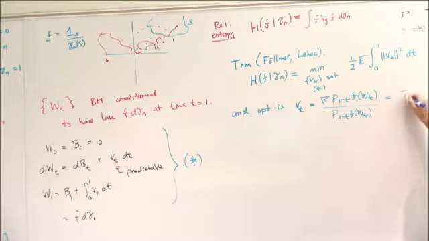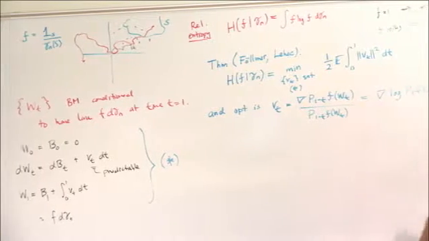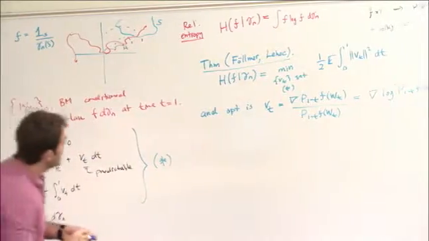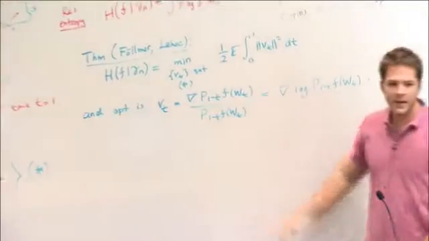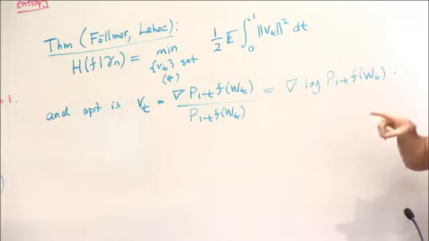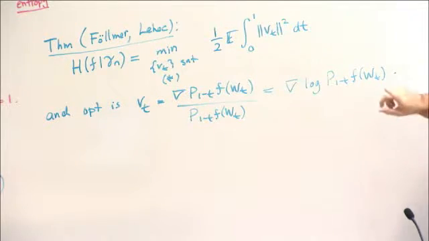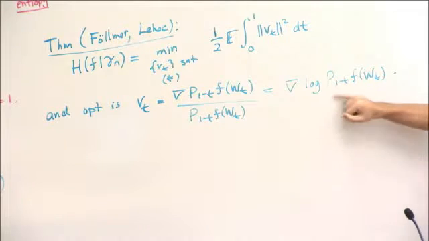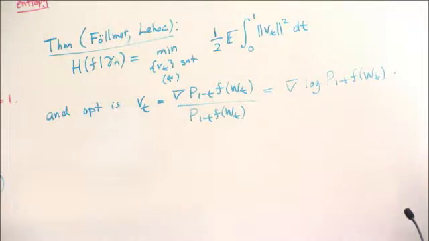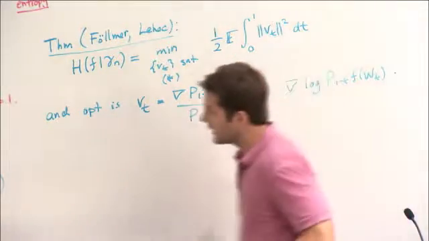This formula is also equal to the gradient of log of something. So what does it say? It says that at every point in time, you should look in the direction in which f is increasing multiplicatively the fastest, but it's not f itself; it's the average value of f over the future that is increasing the fastest. In a second, I will tell you about the proof of this theorem.